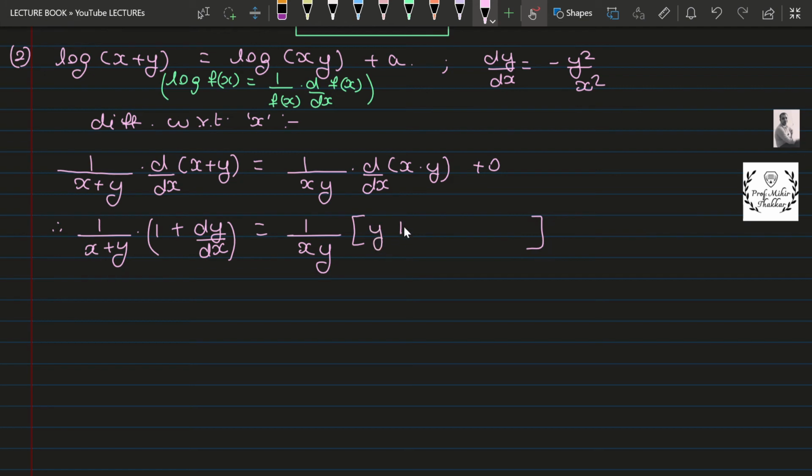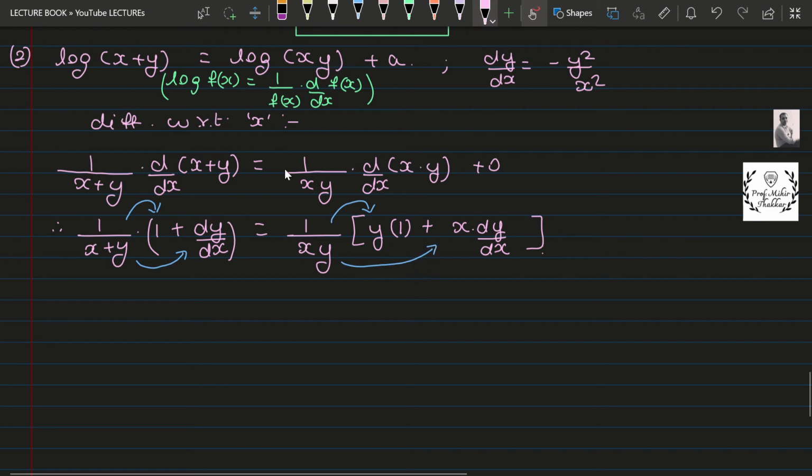So y into derivative of x, which is 1, plus x into derivative of y, which is dy by dx. Now guys, what we have to do is this gets multiplied to all the terms, both the terms inside the bracket, as well as this also gets multiplied to both the terms inside the bracket.